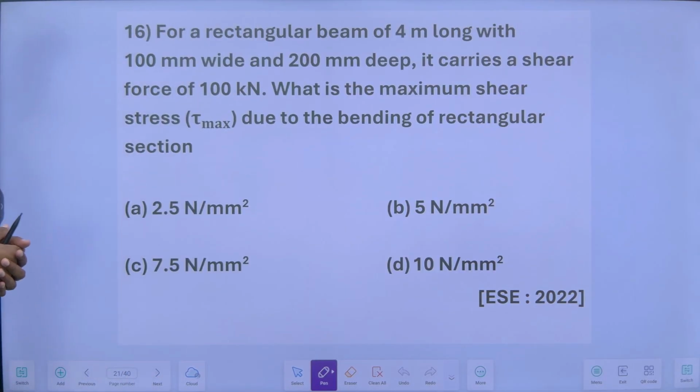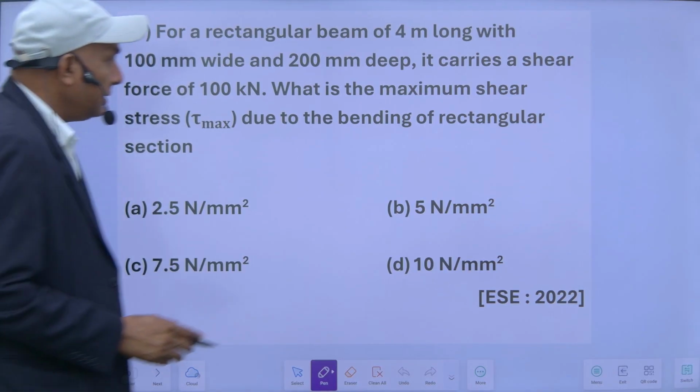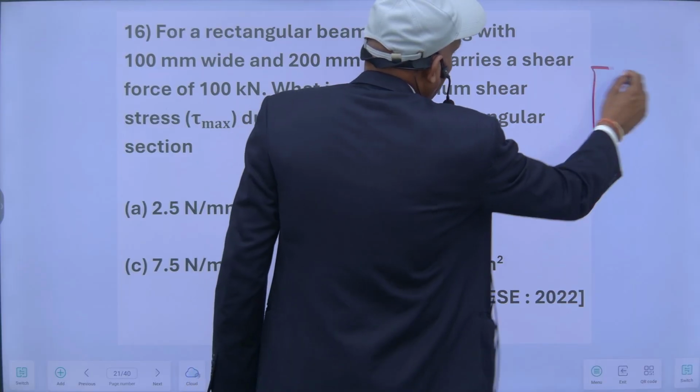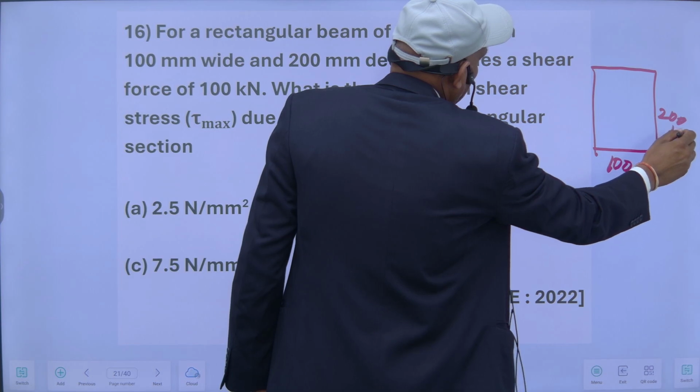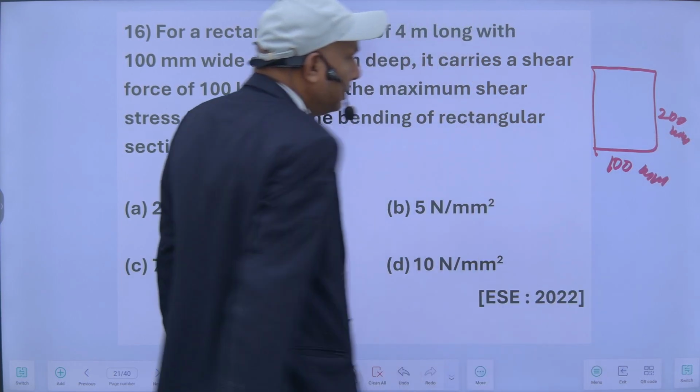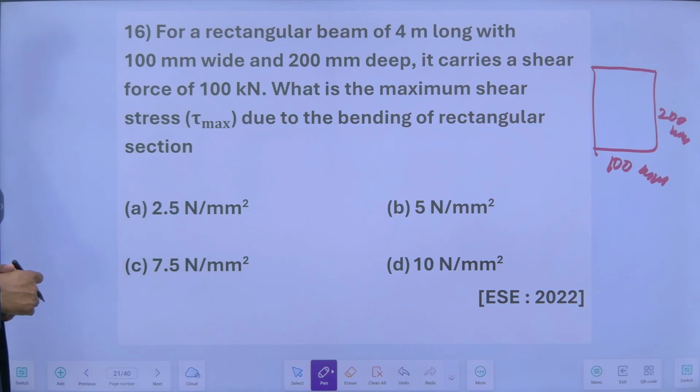For a rectangular beam of 4 meter long with 100 mm wide and 200 deep, like this, it carries a shear force of 100 kilonewton.